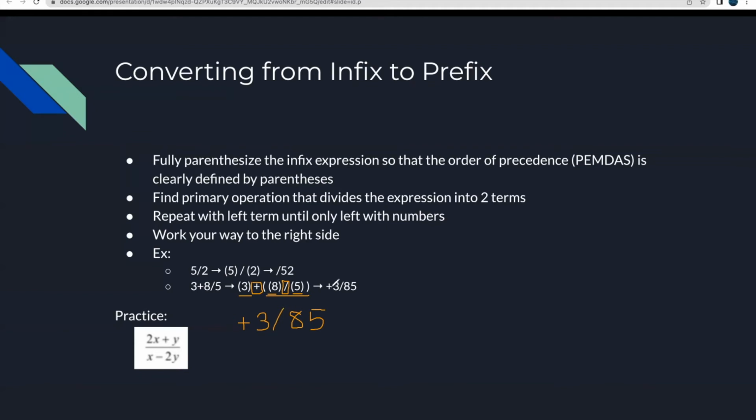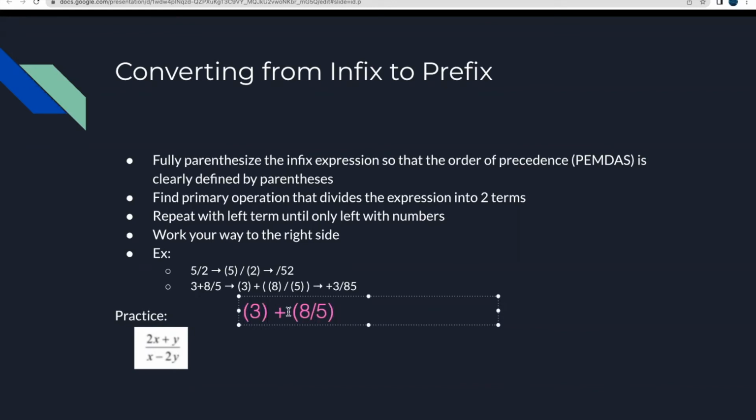Another way you can visualize this is if we're going to type this out, 3 + 8 divided by 5. I'm going to show you the process of how I did this when I typed this out.